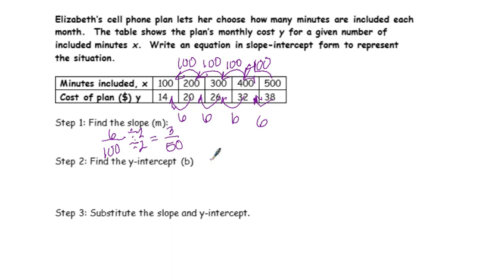One way, we use our equation y equals mx plus b. And we plug in our slope, 3 over 50. And we use one of our points. I like to use the smallest one, so let's use 100. I'm going to put it as 100 over 1.